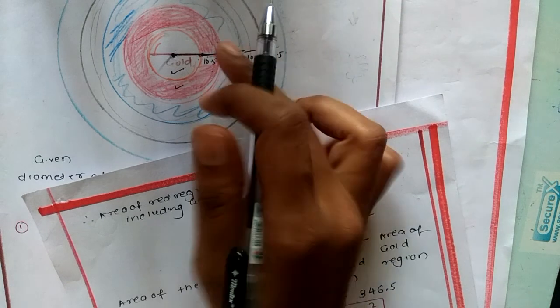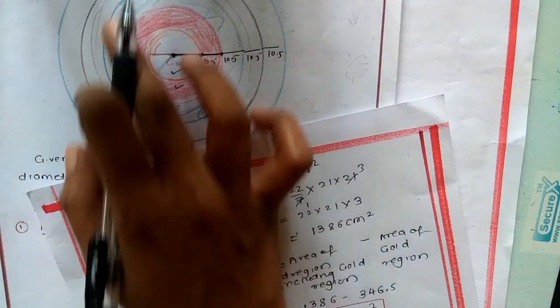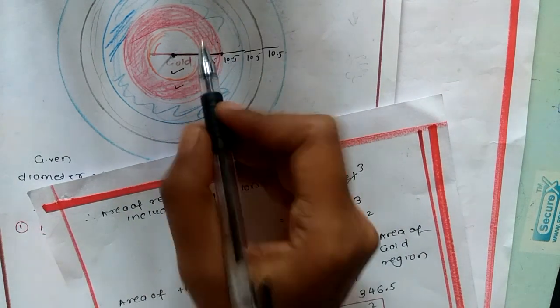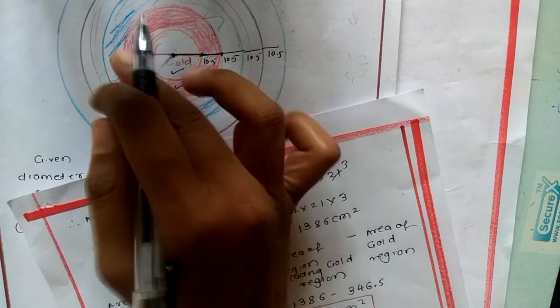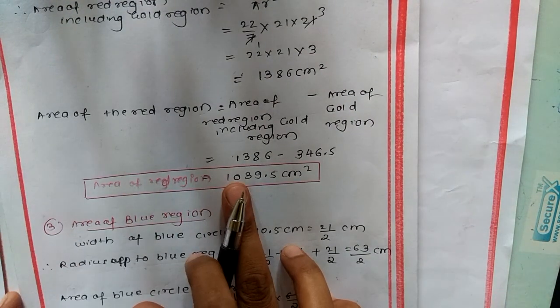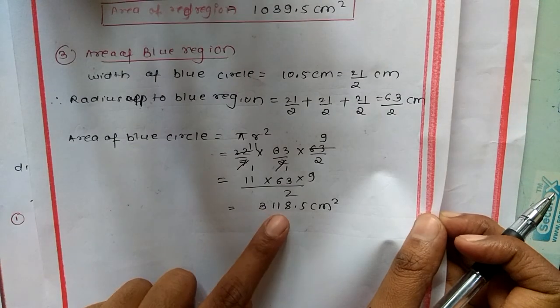Now we have to find the area of only this blue region. So from the area of the blue circle, you have to subtract the area up to the red circle. So this all area you have to subtract. The area up to the red region we have got here as 1039.5 centimeter square. So from this 3118.5 subtract this.